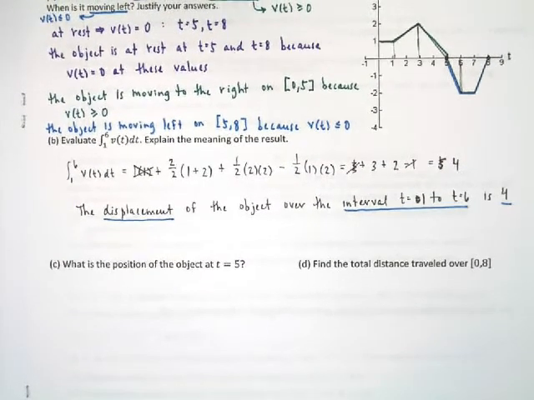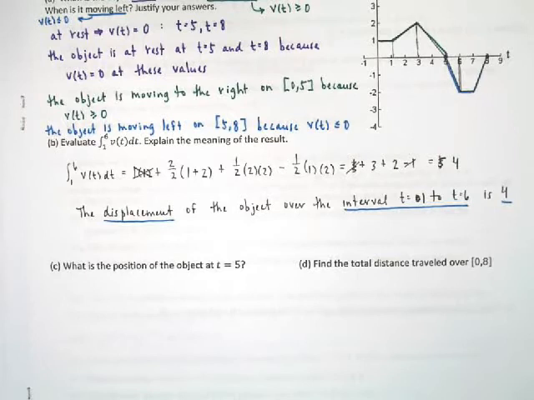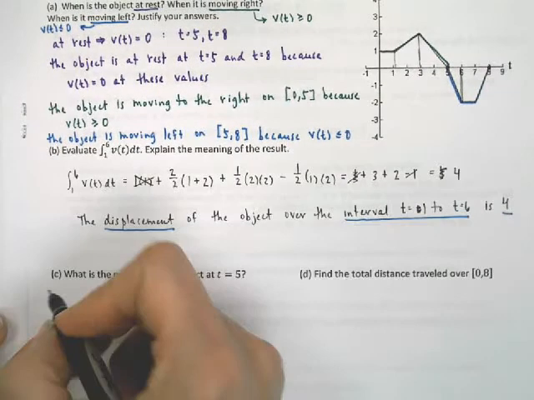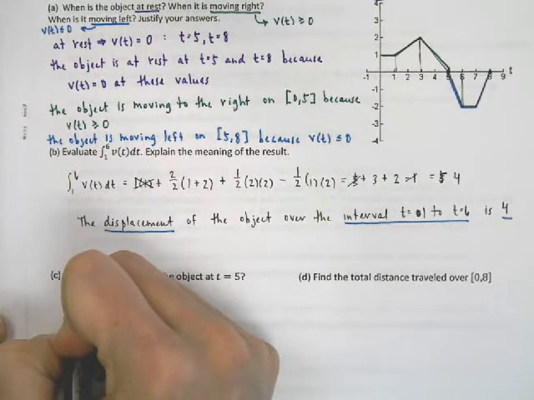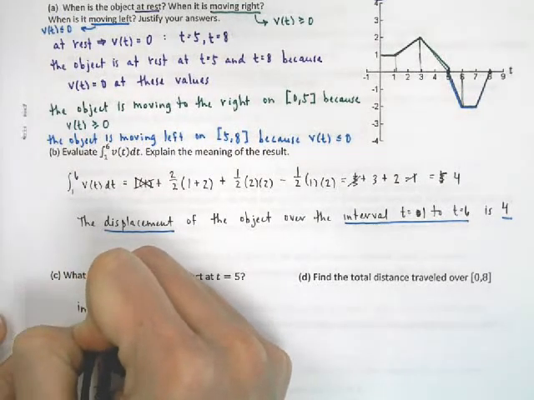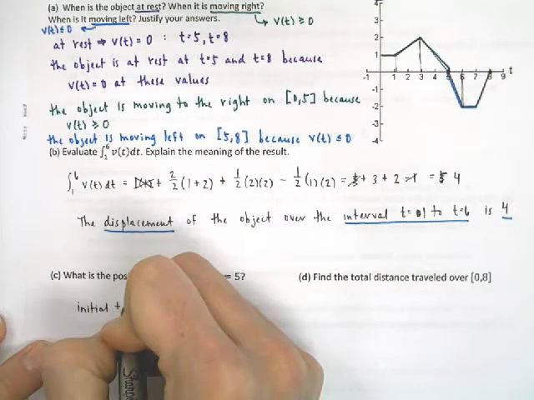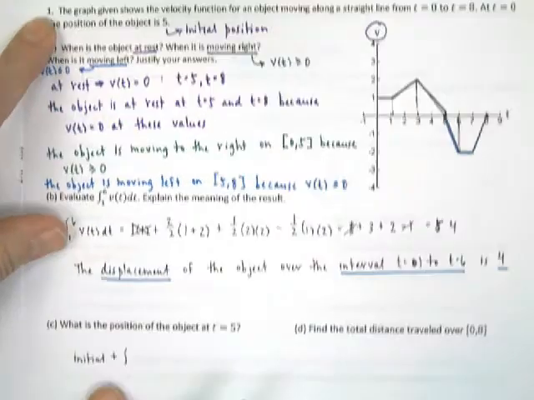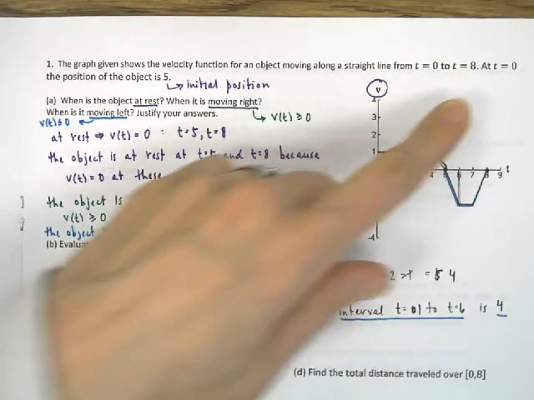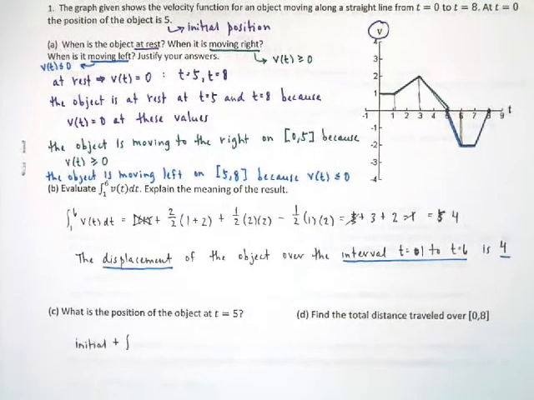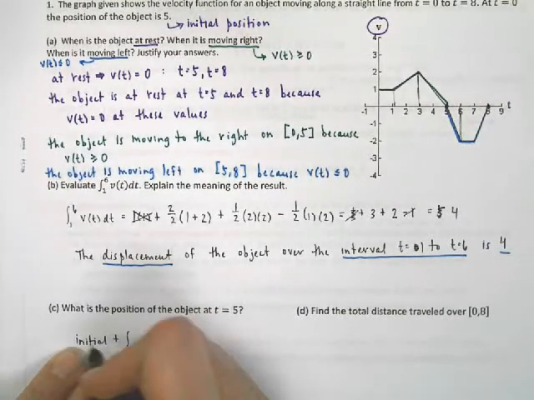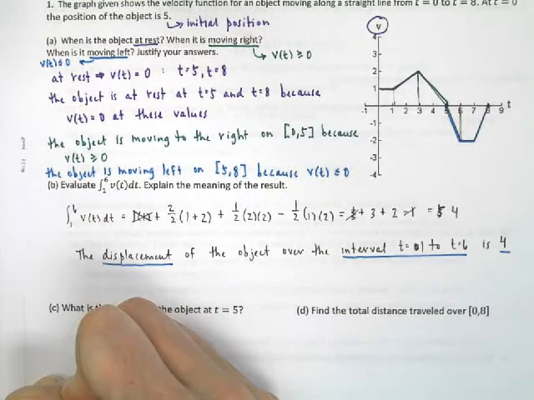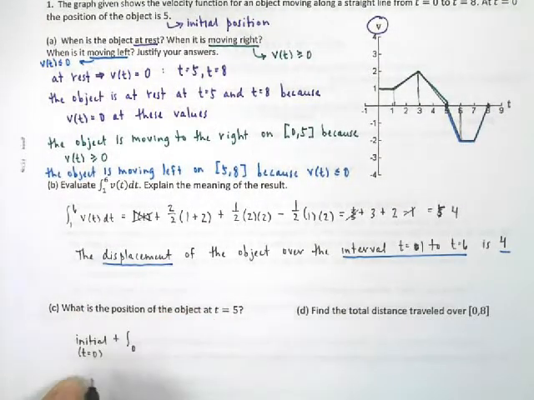Okay, next is the position of the object at time t equals 5. Well, for position, we said we needed 2 pieces of information. We said we needed the initial position plus the integral. Now, it told me that at time t equals 0, the position of the object is 5. So since this was my initial value at time t equals 0, my integral's lower bound also has to be 0.